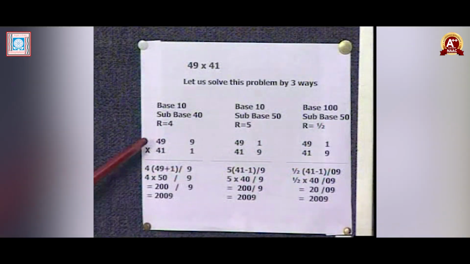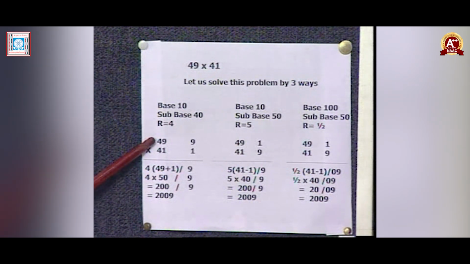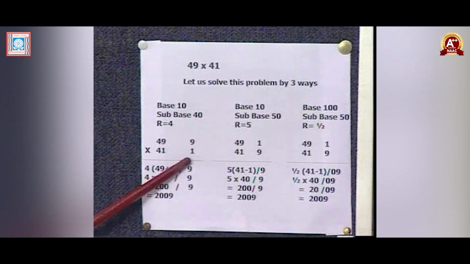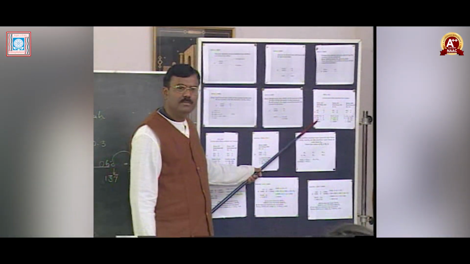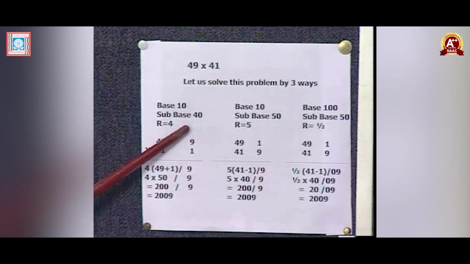Now I have to add the one deviation to the big number. Here 49 is the big number in the given problem, another deviation is 1. 49 plus 1 equal to 50. But what is the ratio? 4. You have to multiply 50 into 4 because sub base selected 40, base is 10, ratio is 4.